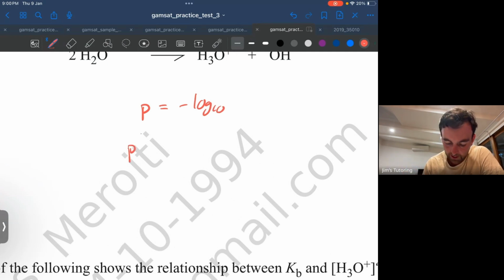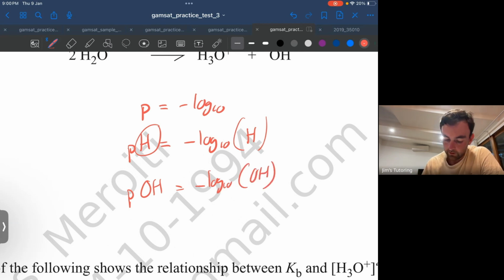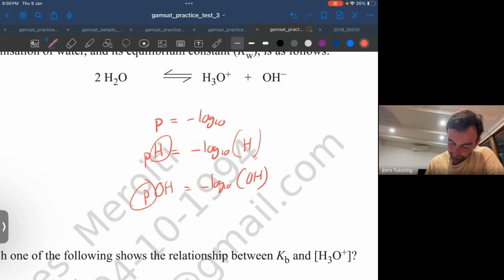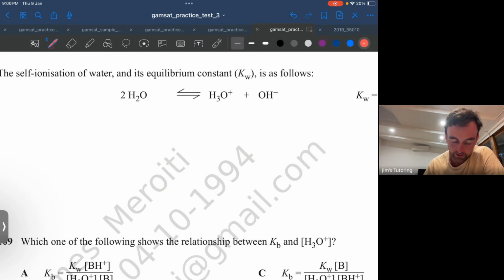So when we have pH, it actually equals the negative log 10 of whatever's to the right of that p, which is, in this case, hydrogen ions. If you had pOH, you guessed it, negative log 10 of OH. That's what the p means. So anytime you see a p, it just means negative log, and we can substitute those for each other.